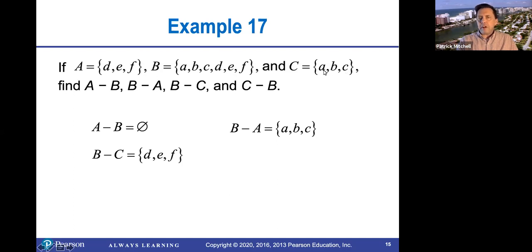All right, if I start in set C and throw out everything that belongs to B, I'm throwing away everything. So the complement of B relative to C would be the empty set.